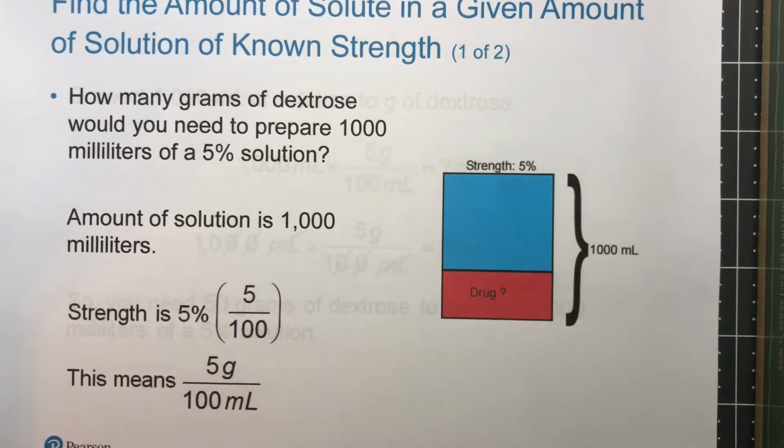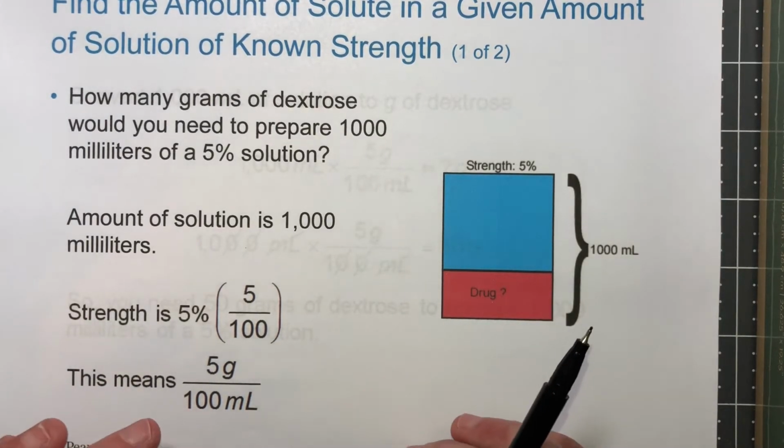Now what we have to do is a little bit different. We're going to ask how many grams of a solute you need to have in a given amount of solution of known strength.